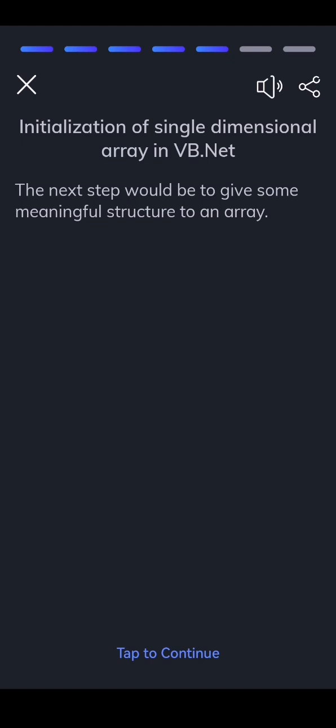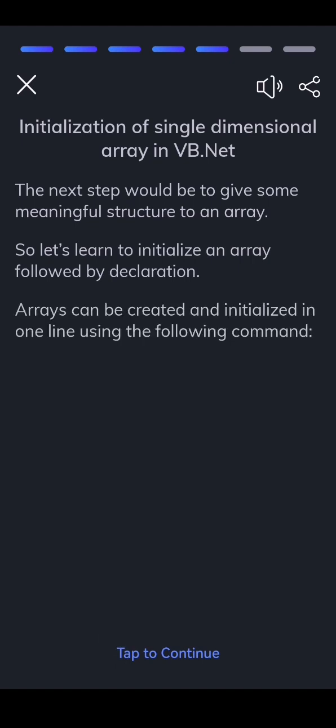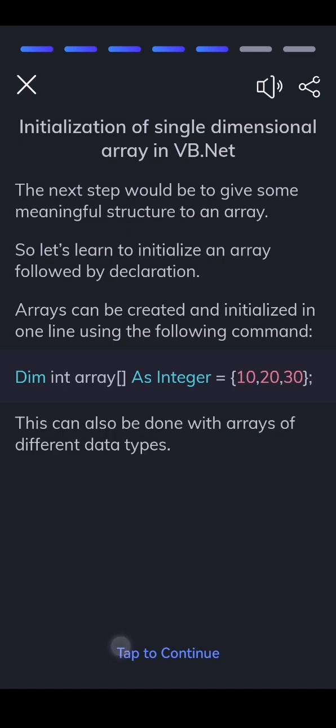The next step would be to give some meaningful structure to an array. So let's learn to initialize an array followed by declaration. Arrays can be created and initialized in one line using the following command. This can also be done with arrays of different data types.